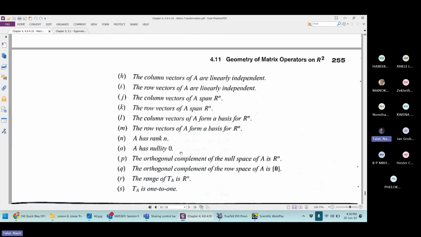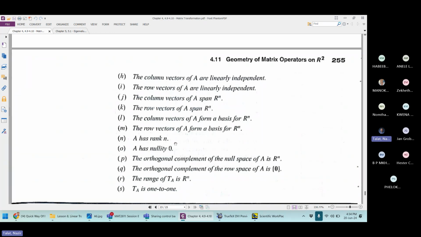And moreover, they also have some useful properties, like you can see that the columns of A are linearly independent, the column vectors are independent, and the columns can span the whole Rn, and the rows can also span the whole vector space Rn, and the nullity of A is 0, and the rank of A is n.